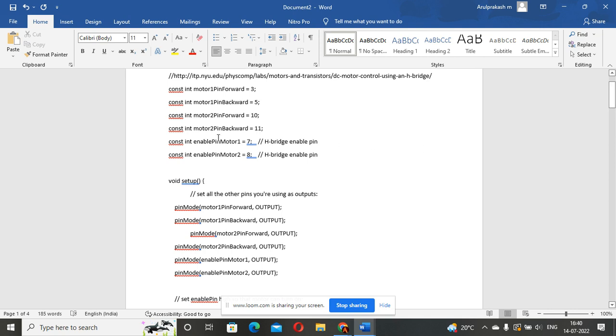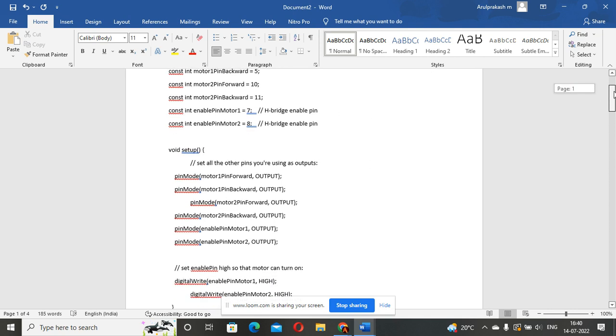From these constants we write the program, and here we give some setups. Here, pin mode motor 1 pin forward. Whenever the forward signal is enabled, the motor will get forward, and when the backward signal is enabled, the motor will rotate in the backward direction.